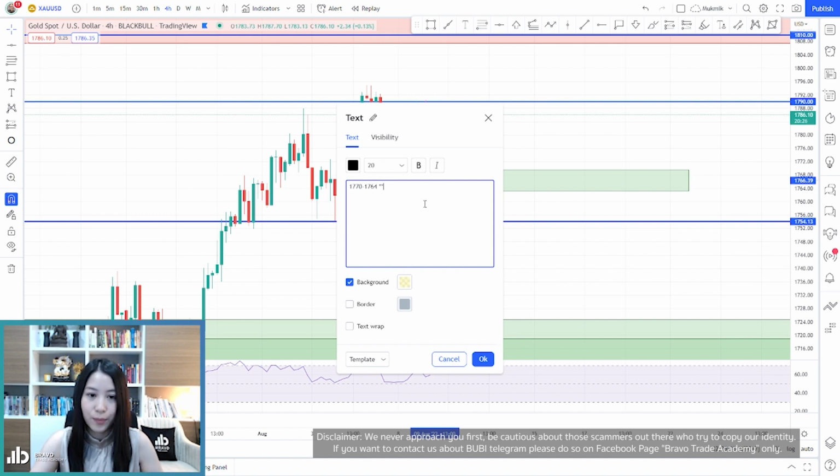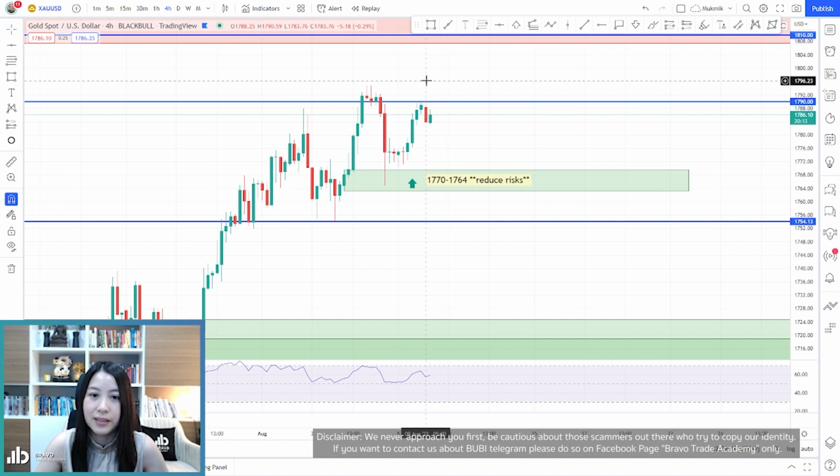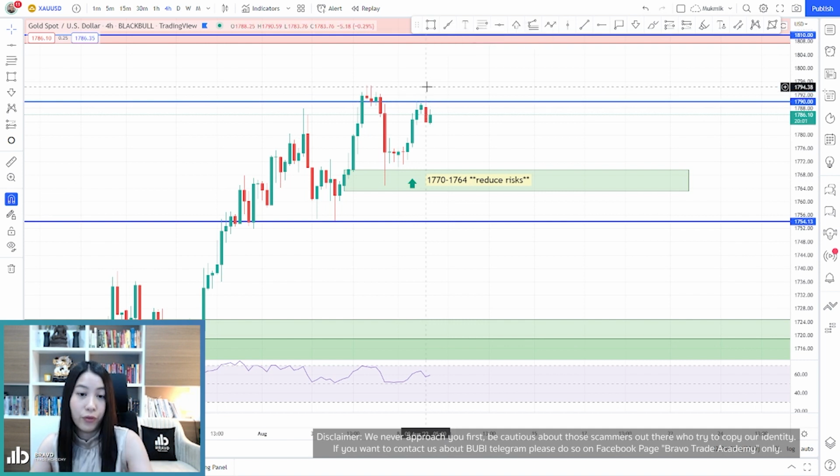But at this point, you need to reduce your risk. Why is that? If you remember, the price has been pushed down from this significant resistance from a bigger time frame, which is the weekly time frame. So it's really dangerous to enter a buy here on the 4 hours time frame.